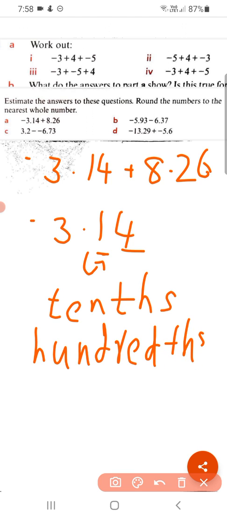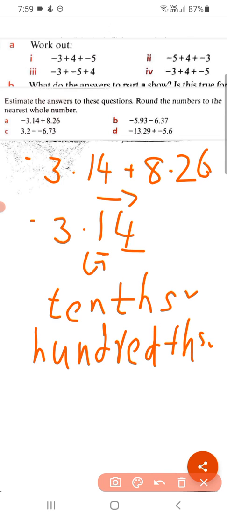The first place after the decimal is tenths, the second place is hundredths, the third place is thousandths, the fourth place is ten-thousandths. These places are in the decimal part. Decimal part means the digits on the right side of the decimal point.